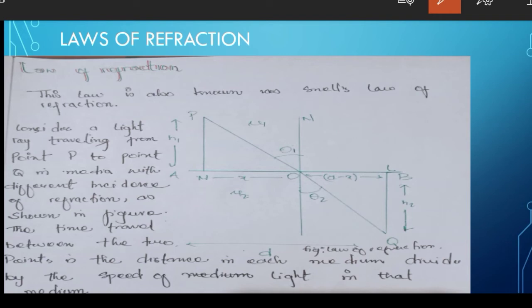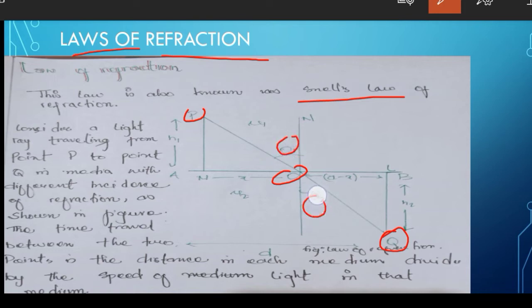Now we will prove the laws of refraction. The law of refraction is also known as Snell's law. We have considered that the ray is traveling from point P to O and from O to Q, making theta 1 and theta 2.